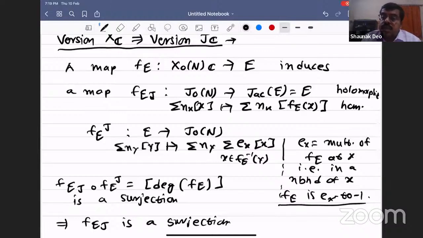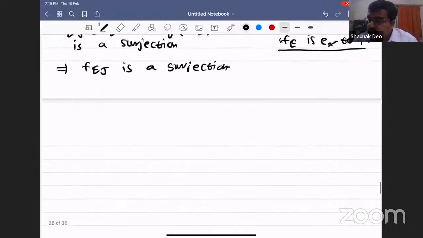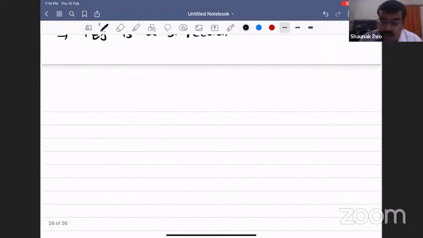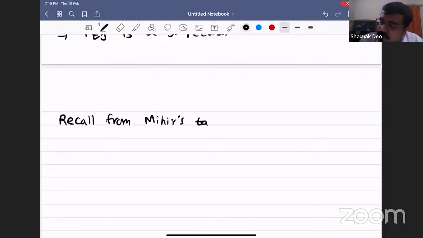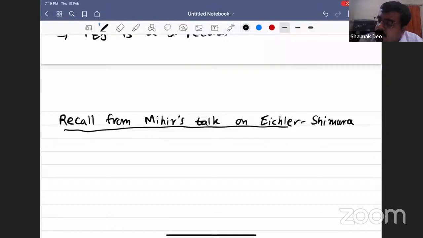There is one more version that we can get from J0. So for that, maybe I can recall a bit from Mihir's talk on Eichler-Shimura. So we have an action of Hecke operators on this Jacobian, J0 of n.